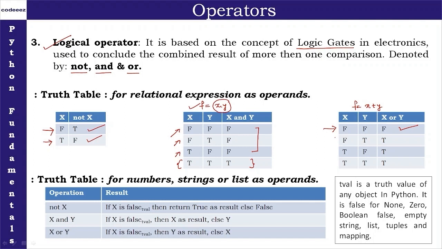In all other cases, if both the values are true or either one of the values is true, then the final result will be true. So this is the working of the OR operator, right? So these are the three operators, AND, OR and NOT.